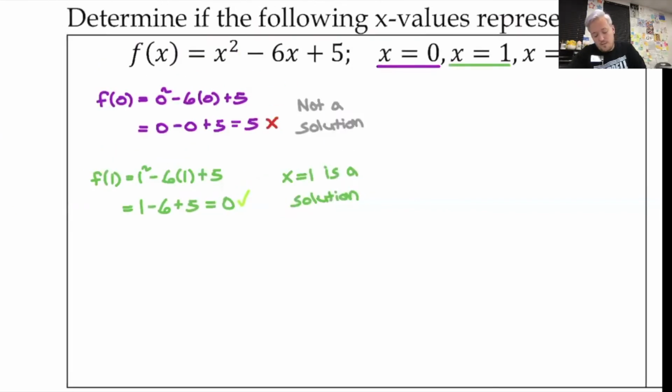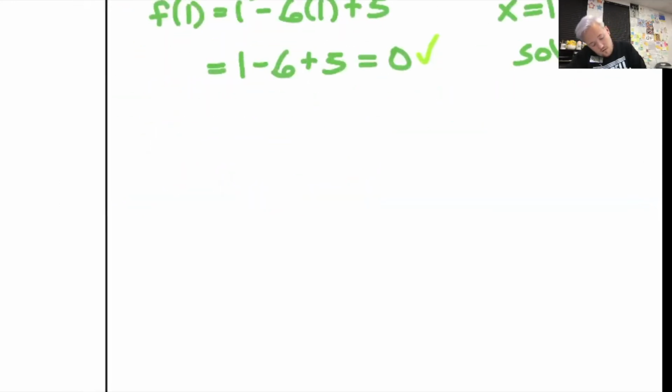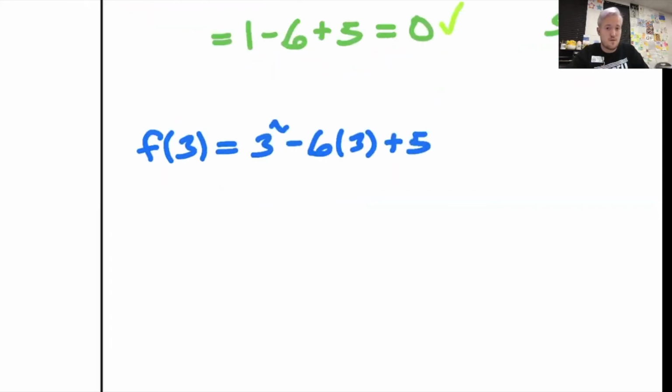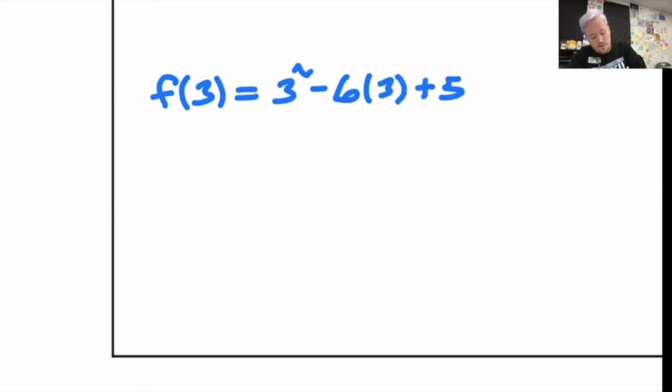All right, and last but not least, I'm going to do x equals 3. So you're going to have 3 squared minus 6 times 3 plus 5. Remember, we're plugging these into the original function that's up top.